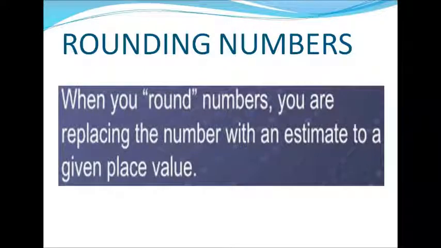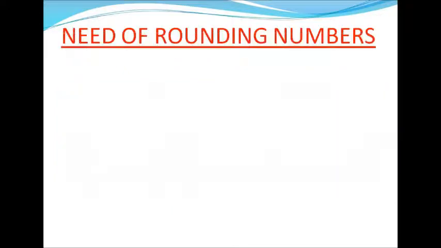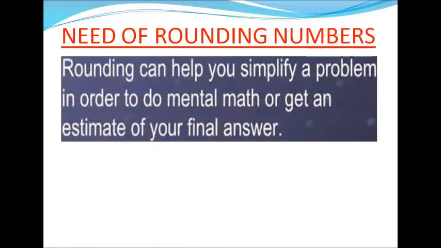When you round numbers, you are replacing the number with an estimate to a given place value. Now children, you must be wondering, what is the need of rounding numbers when it only tells you the estimate value and does not give you the exact value? So, let's see what is the need of rounding numbers.